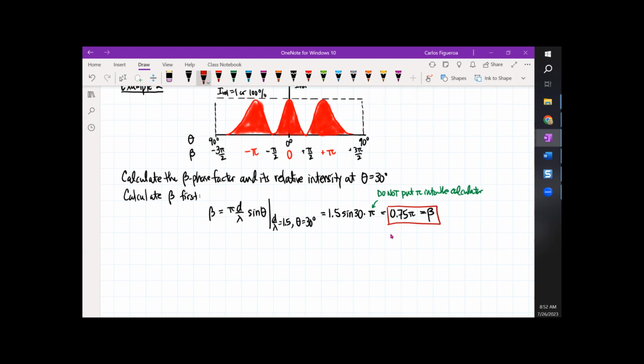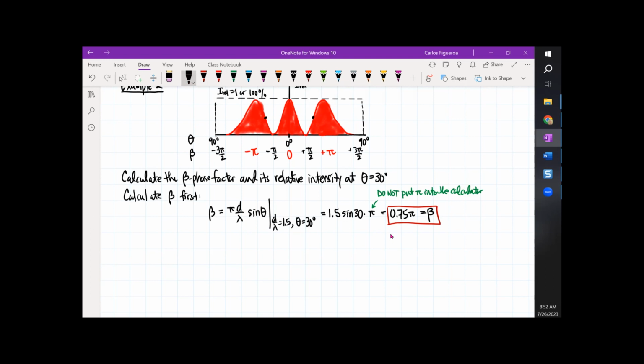The beauty of this is that I know its location. If you look at the location, note that the minima occurs at half, so you know that beta has to be somewhere in between pi over 2 and pi itself. So I'm going to say it's somewhere around right here.